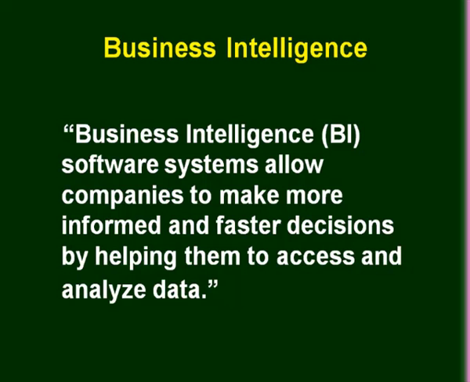That means BI is nothing but an umbrella term that combines architectures, tools, databases, applications, and methodologies by building a system which assists organizations to make more informed and faster decisions.